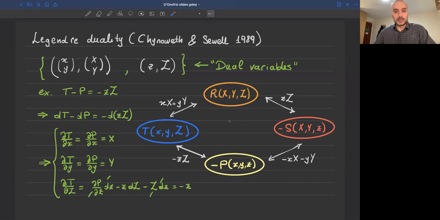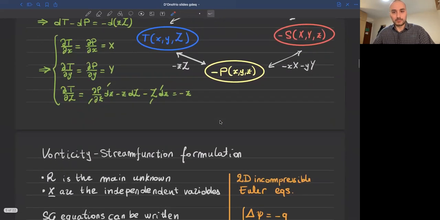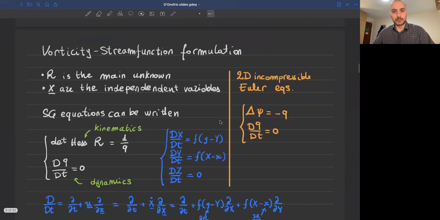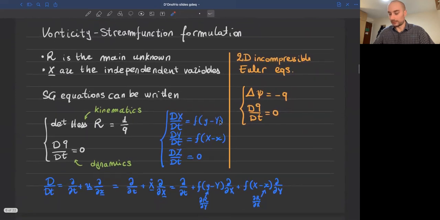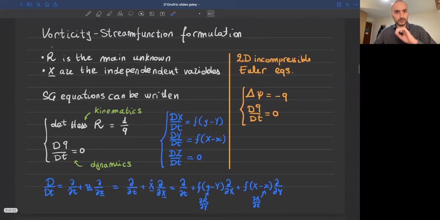And let's see why. But before doing so, before talking about geometry, I would like to spend some words about an alternative formulation of semigeostrophic equations, which is called the vorticity stream function formulation.